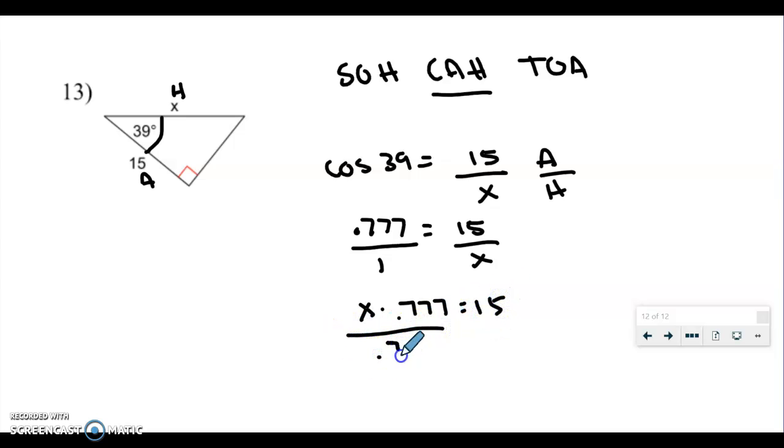Then we're just going to divide everything by 0.777. And when you do that, you guys get x to be 19.3. All right, so I'm going to ask you guys to use this to help with the next couple problems.